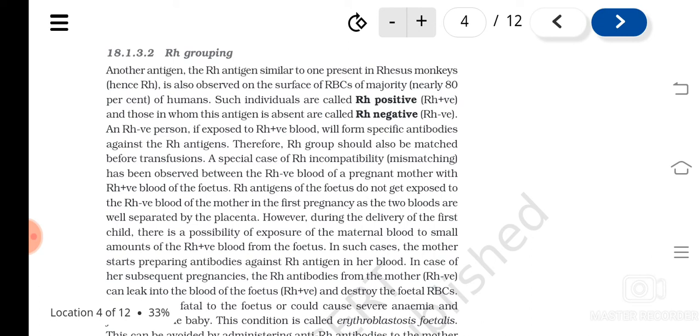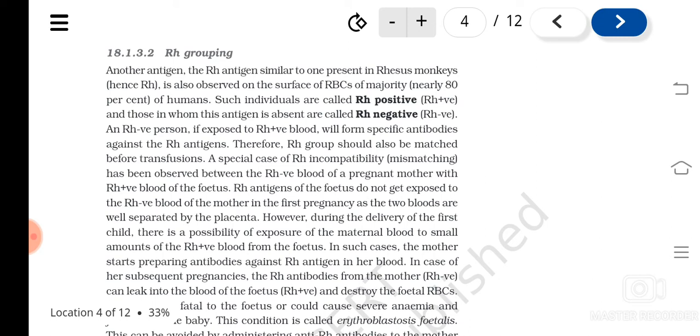Now, there is one special case of Rh factor: if the mother is Rh negative and the baby is Rh positive.